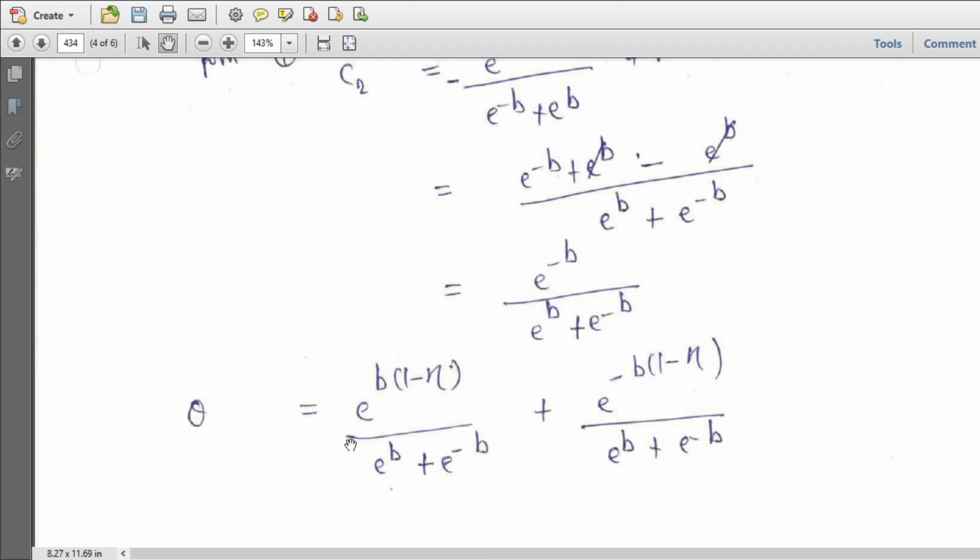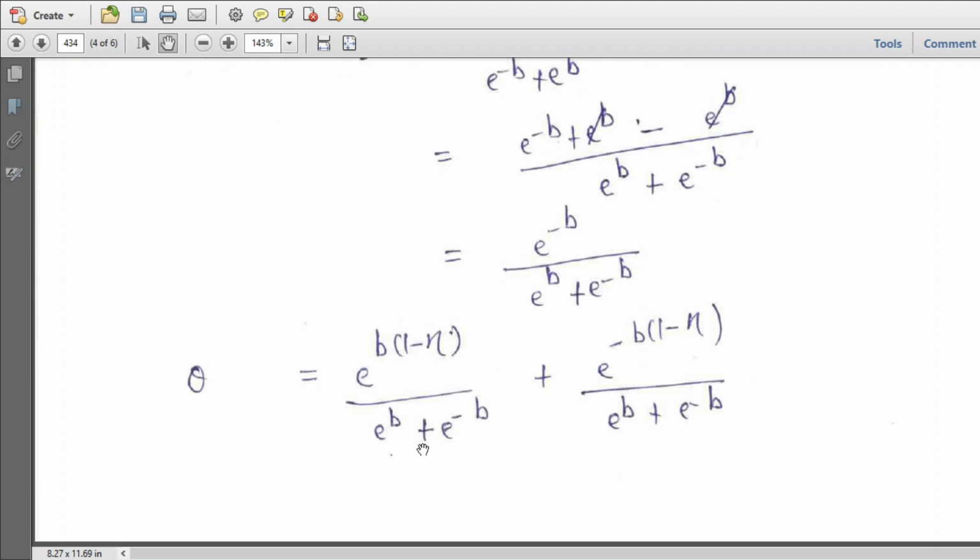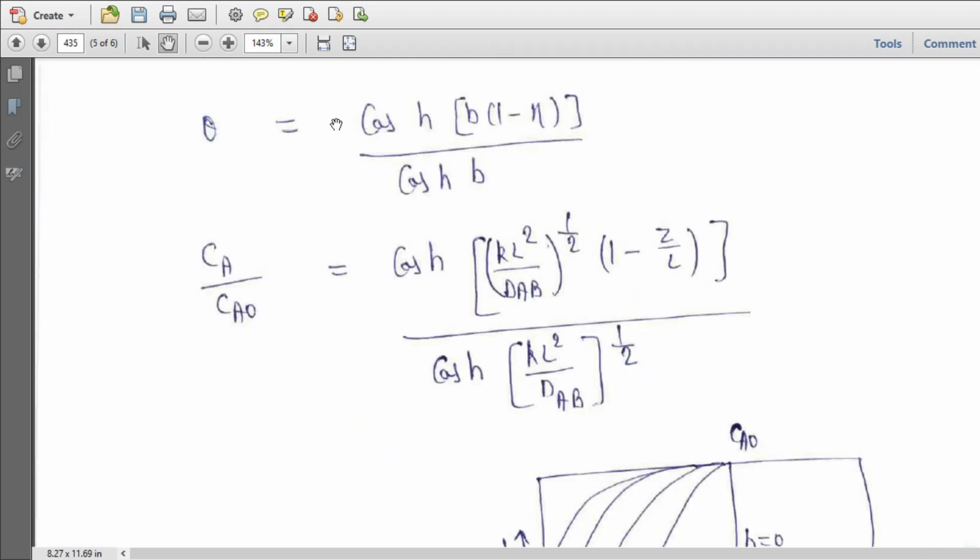If you substitute the value of C1 here and the value of C2 here, and take the LCM, you will get the expression with cos hyperbolic: theta equals cos hyperbolic b (1 minus eta) upon cos hyperbolic b.